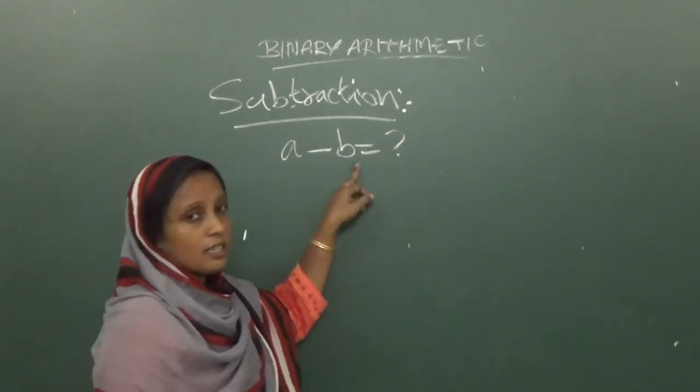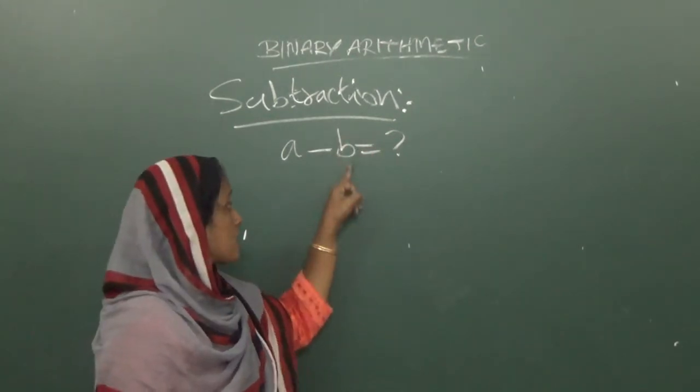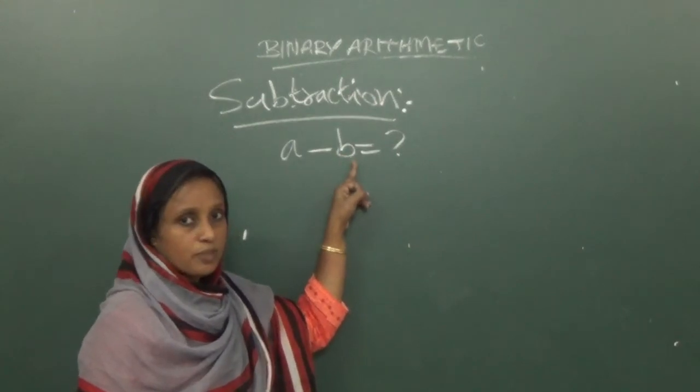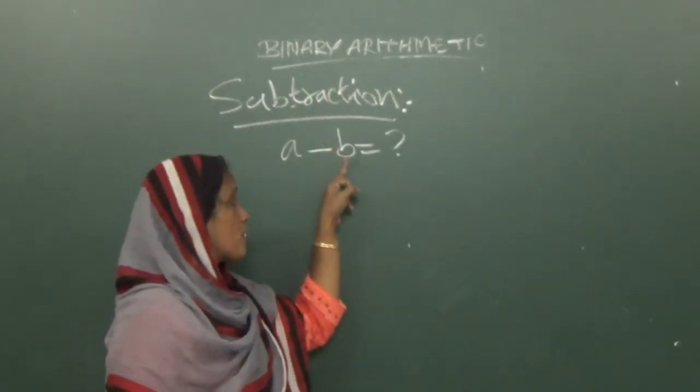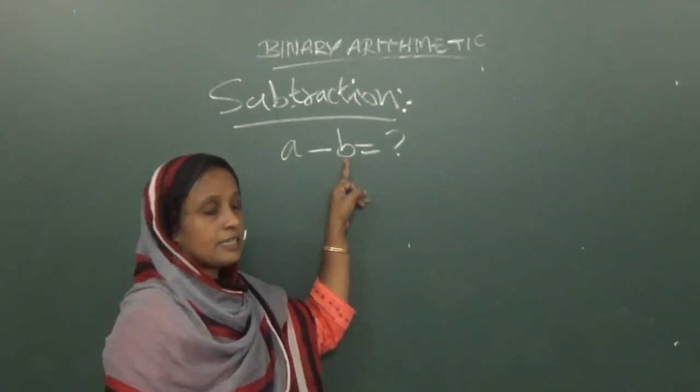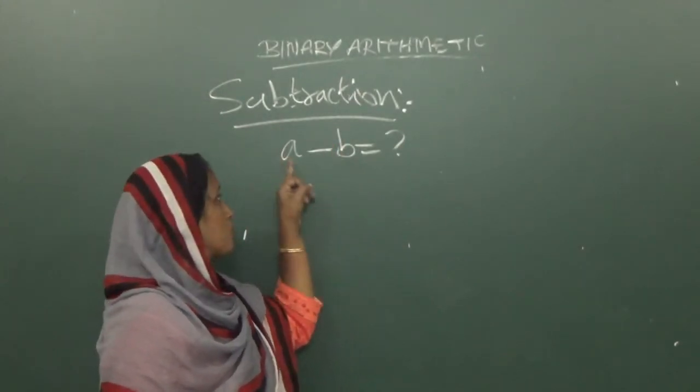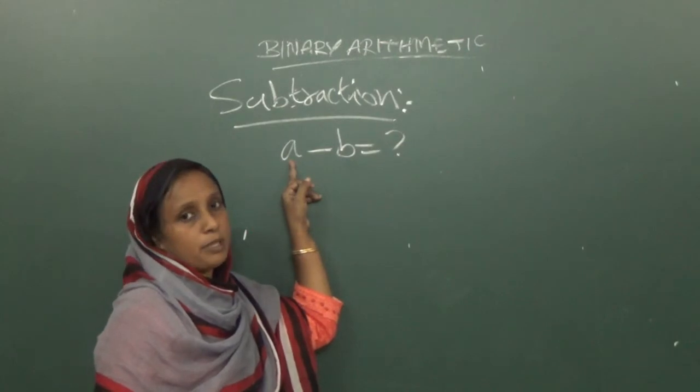That means here the number being subtracted is B. So we have to take 2's complement of B and add this number to the original number.